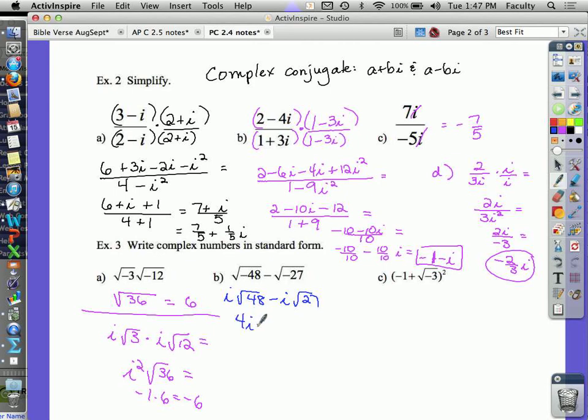So that'll be 4i radical 3 minus, what's the biggest perfect square factor of 27? 9. So this will be 3i radical 3. Now these both have a radical 3 and they both have an i, so I can combine them to just 1i radical 3, or i radical 3.